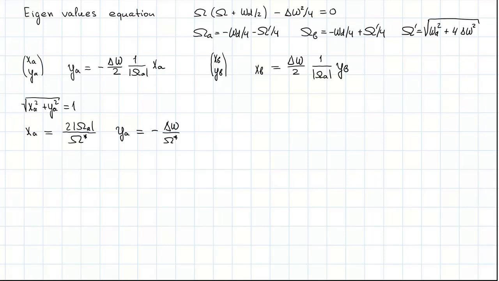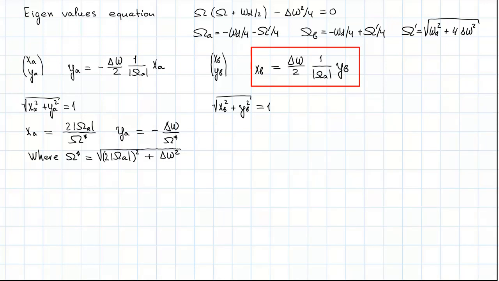Here I have introduced a new variable, capital omega star, which is equal to the square root of 2 omega a squared plus delta omega squared. Similarly, I can use the normalization condition for the second wave function, which is determined by the parameters xb and yb.